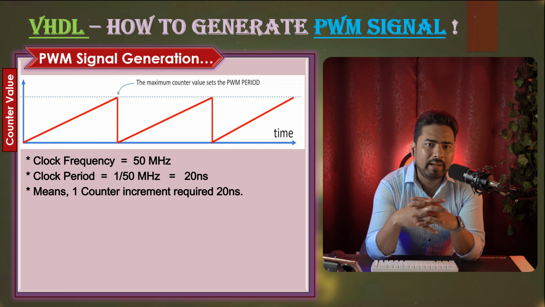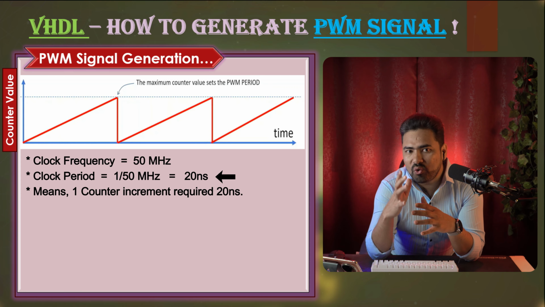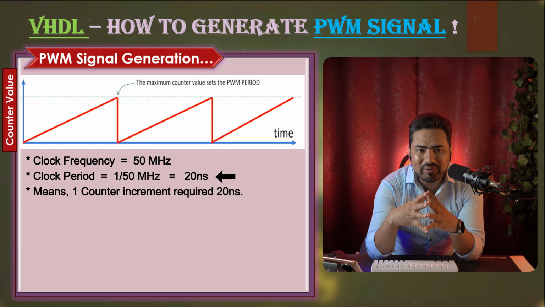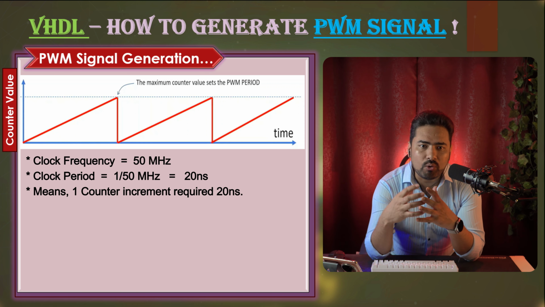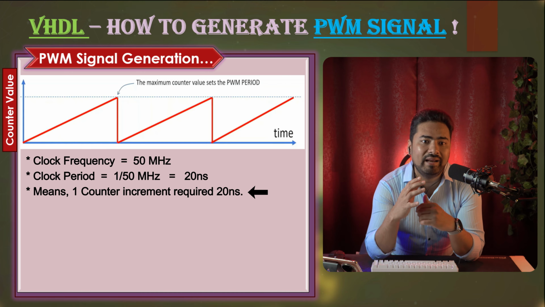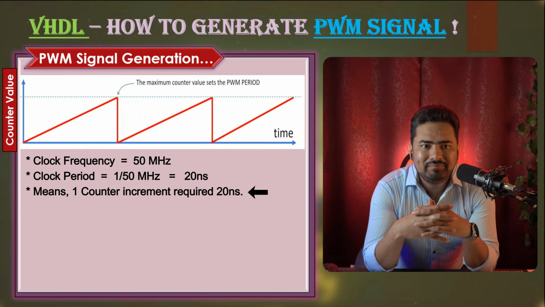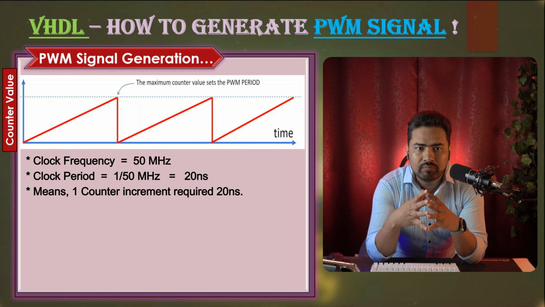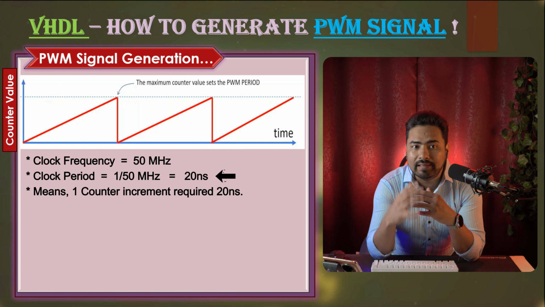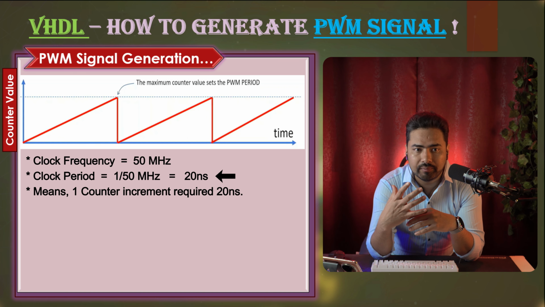It is just simple math. You divide 1 second over 50 megahertz and you will get 20 nanoseconds. This means that our counter will increase by 1 at every 20 nanoseconds because we are increasing our counter at each clock cycle. And for 50 megahertz clock, each cycle takes 20 nanoseconds.